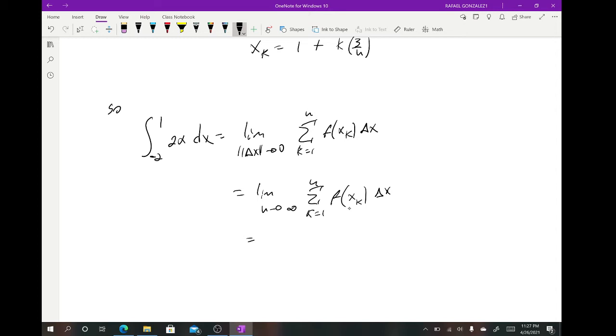So what do we have here? Well, we could substitute now. So we have the limit, n goes to infinity, of the sum of k equals 1 to n of f of 1 plus k times 3 over n, that's from up here, times delta x, which was 3 over n.